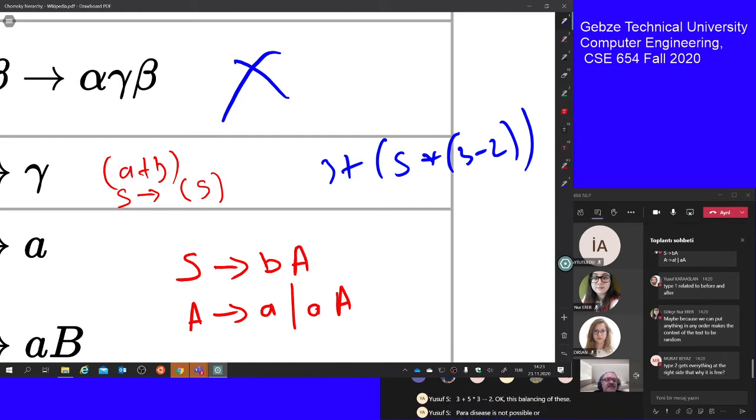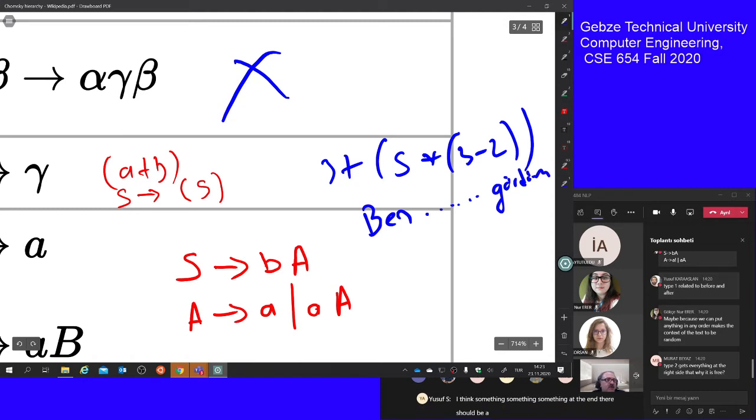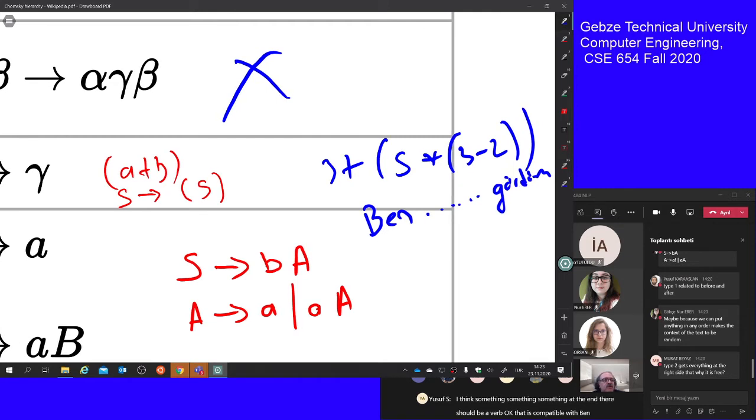The same happens when you start a sentence, for example a Turkish sentence with "ben", something something something, at the end there should be a verb that is compatible with "ben". This kind of balancing should happen in Turkish or English, and regular languages are not powerful enough for that.